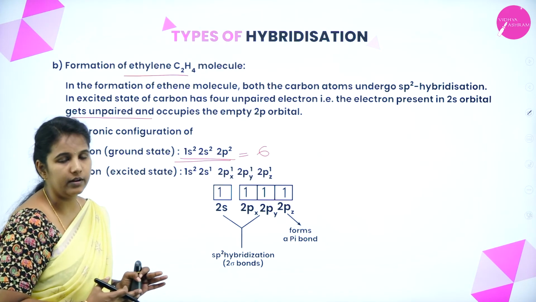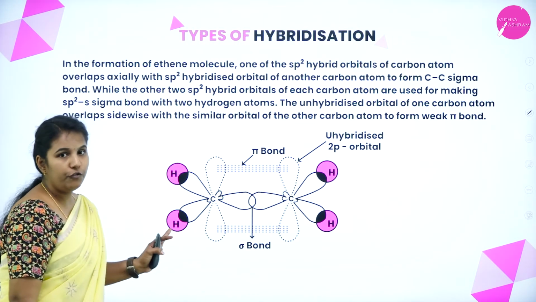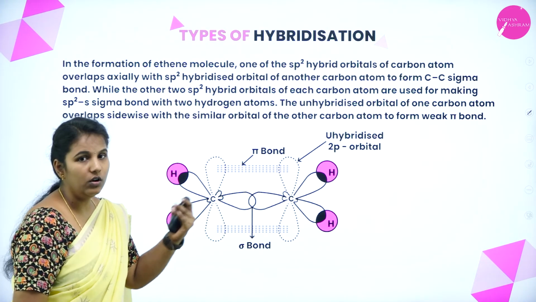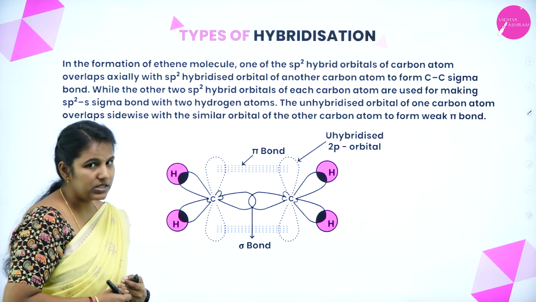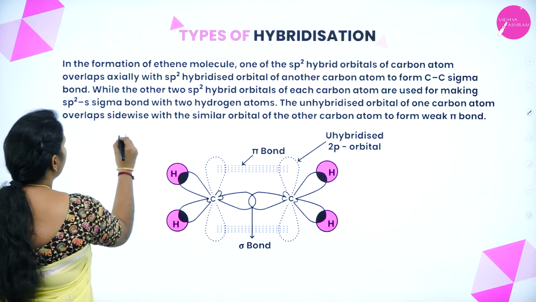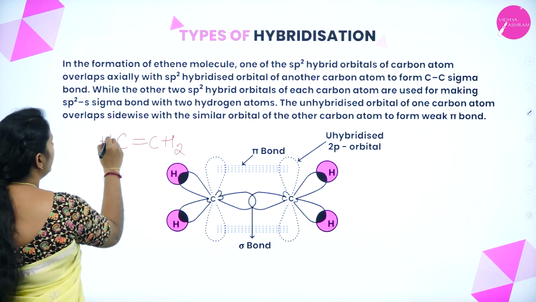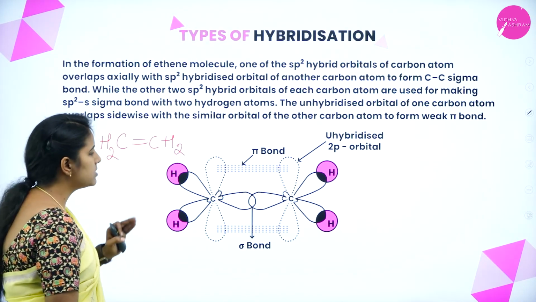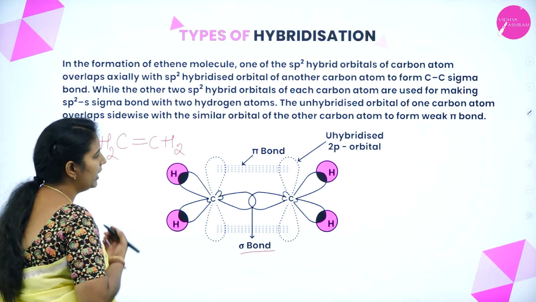in the carbon. And these 4 unpaired electrons form the double bond between the carbons and bonds with 2 hydrogen atoms each, forming the ethene structure. That is why when we write ethene, we write a double bond between the 2 carbon atoms, because the 2 carbon atoms overlap and result in the formation of a sigma bond.